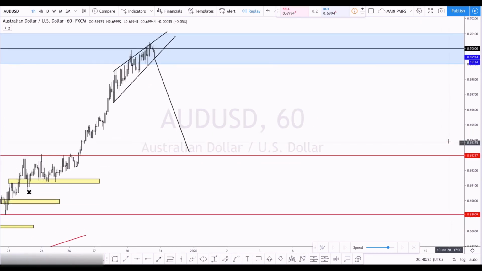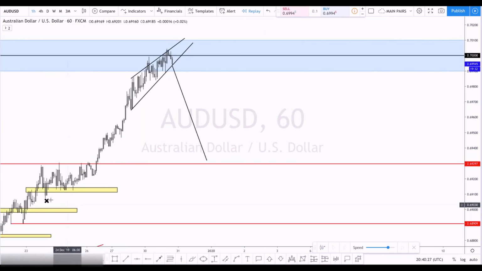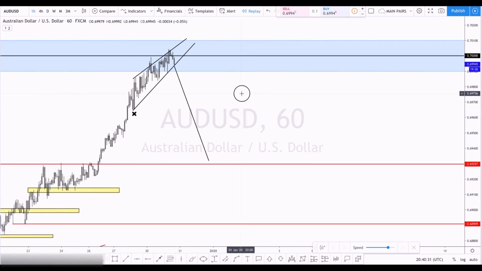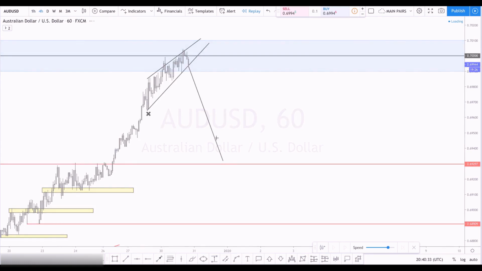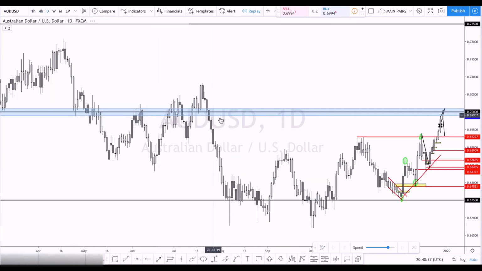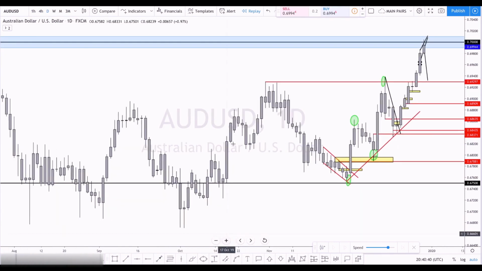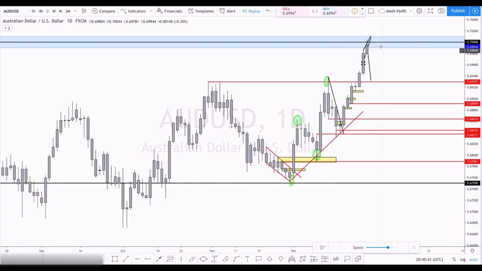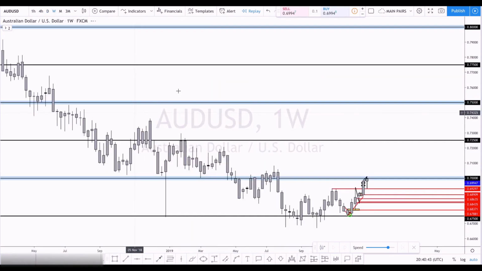So me, realistically, I'd possibly put my stop loss now up into this area here at 69625. So that's a lot of the trade banked in. And then when you look at your daily and you move back up, you can see we're at a key level, 0.7. Even if you go into the weekly, you can see it's a very strong level as well.